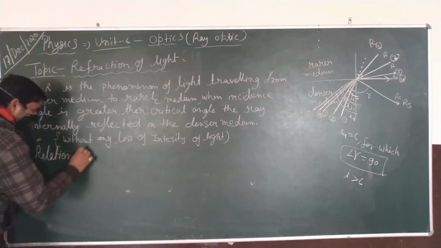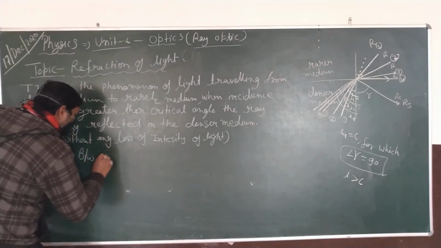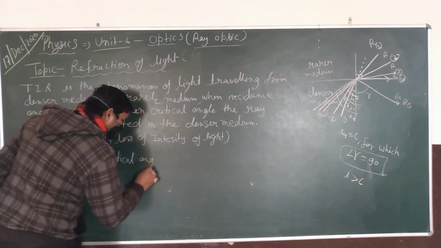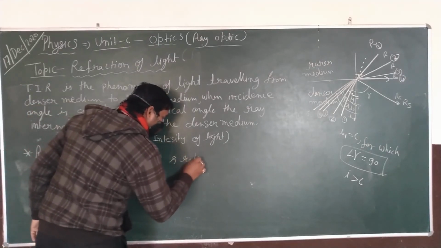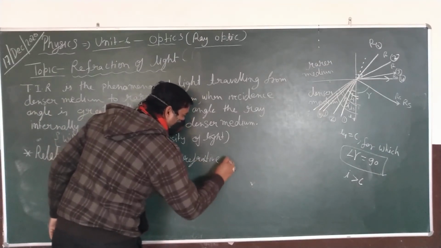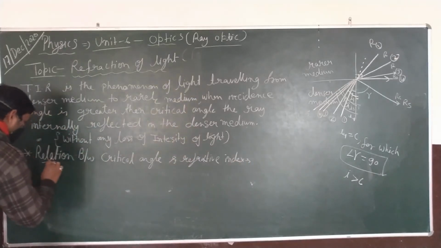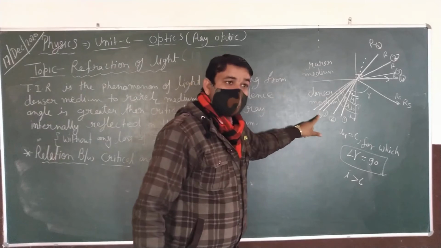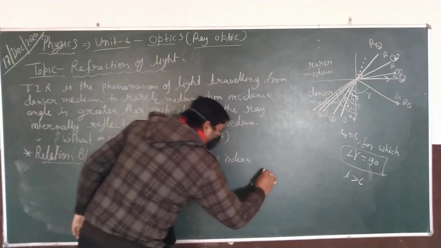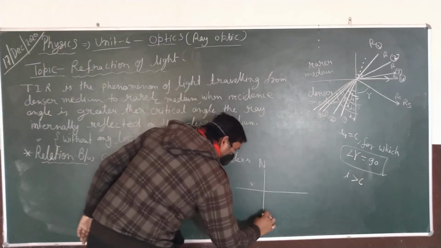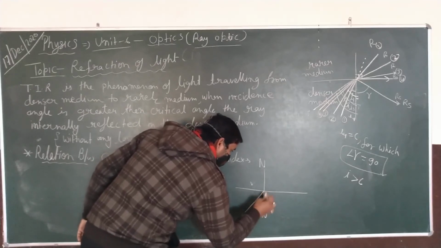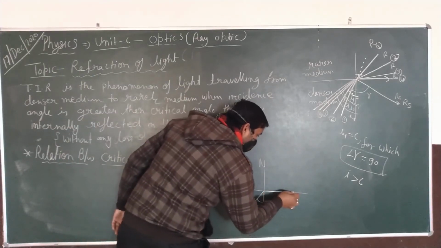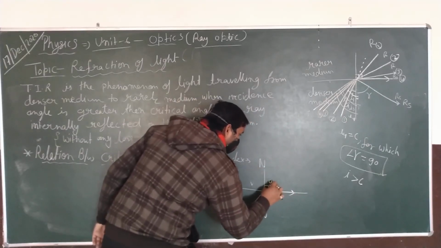For the fourth incidence ray, here this is the normal and a ray for which angle I is equal to its critical angle, the refracted ray has an angle of 90.